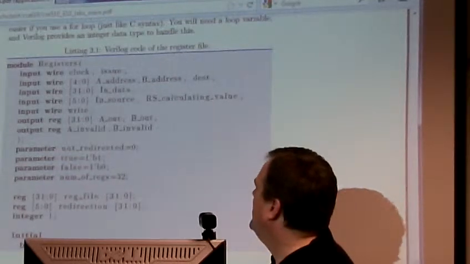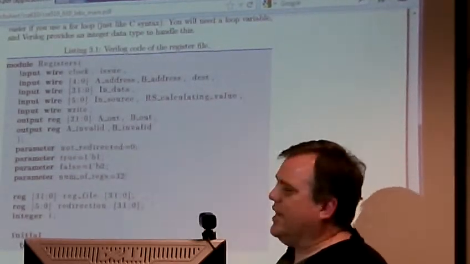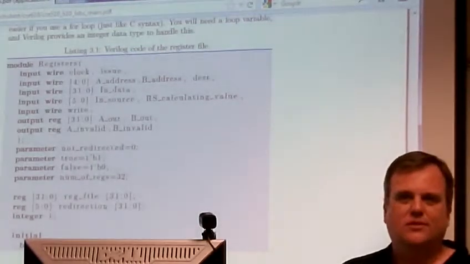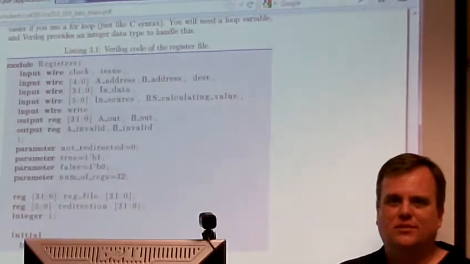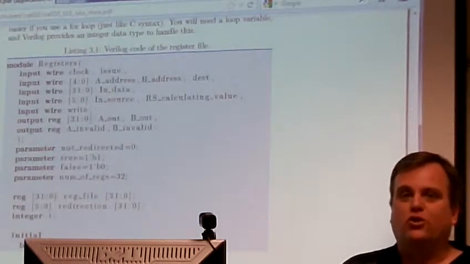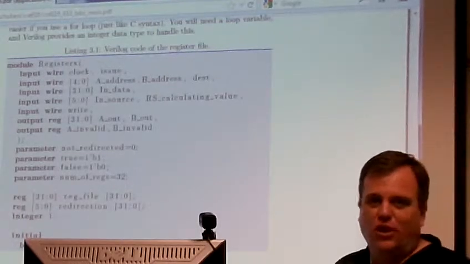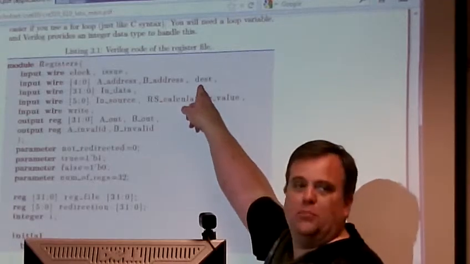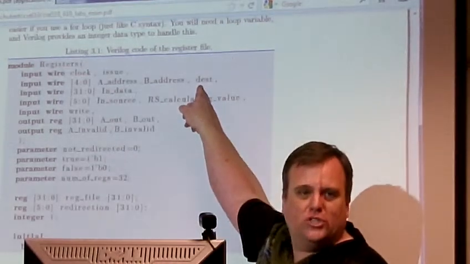Okay, so what's this whole deal with RS calculating value? This lets you know which reservation station is currently doing the ALU operation. Which one is going to be producing your result? Remember, destination tells me which register is going to be produced. Who's producing it?